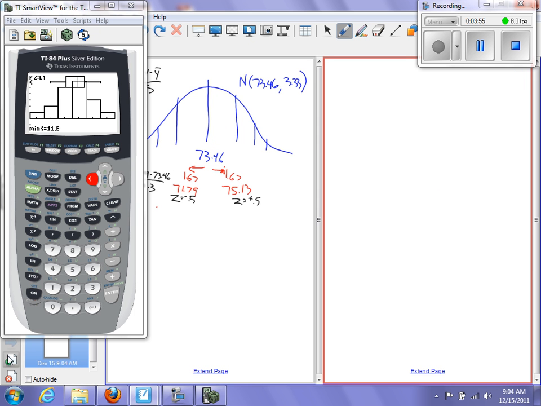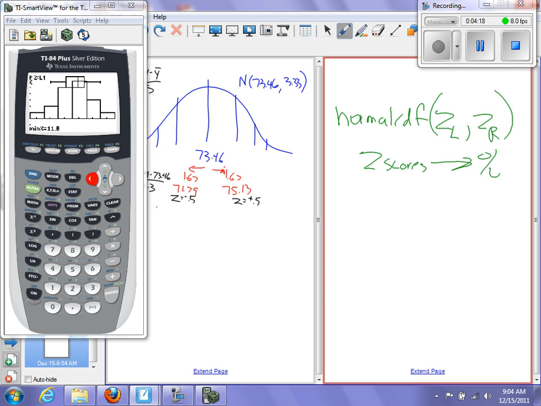We have normal CDF, and that takes a z on the left and a z on the right. So for the normal CDF, I'm going from z-scores to percentage. That's what normal CDF gives me.